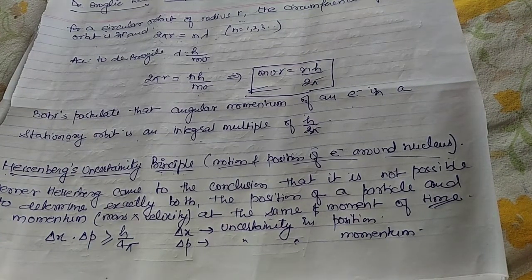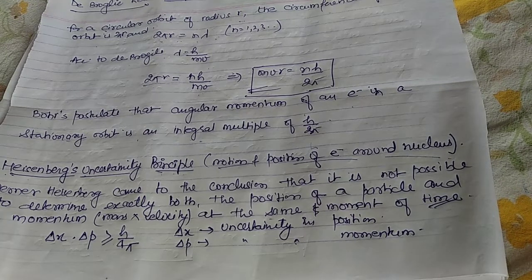If you want to know the velocity of blade number 1, you have to stop that blade, because it is moving very fast and it is impossible to predict the velocity at that particular instant. So if you consider the position of the blade, there is uncertainty in the velocity, or the velocity will not be very precise.